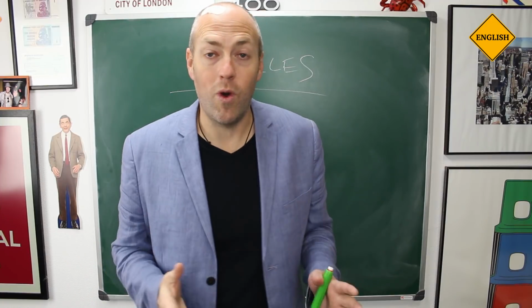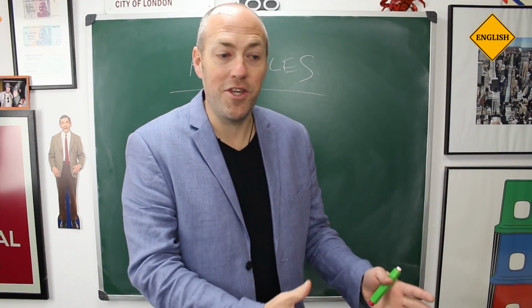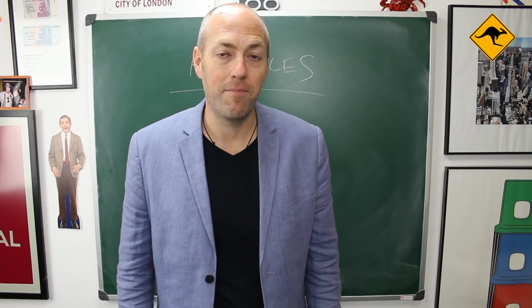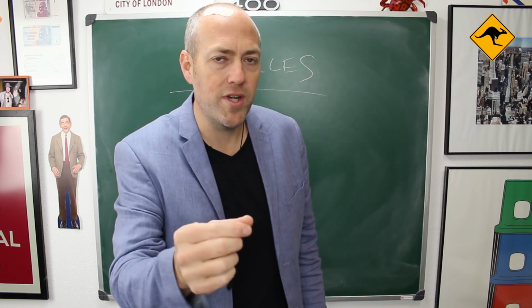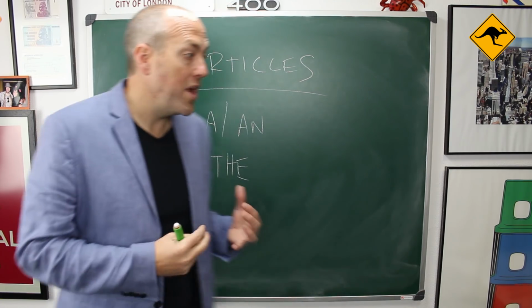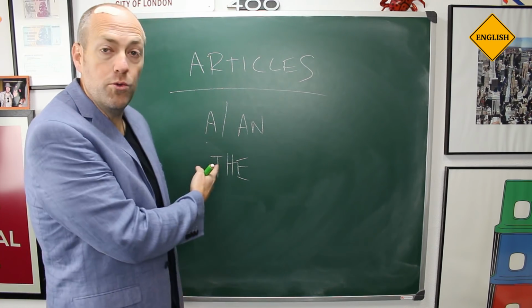Number 3 is articles. Articles are actually quite difficult in English, and most Spanish people either use too many or not enough when they're speaking. But here's a little trick to help you. In a conversation, when you talk about something for the first time, use a.